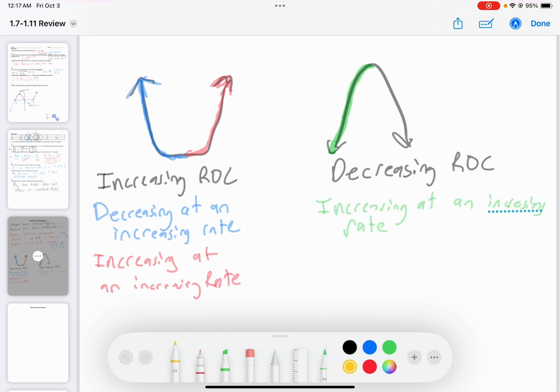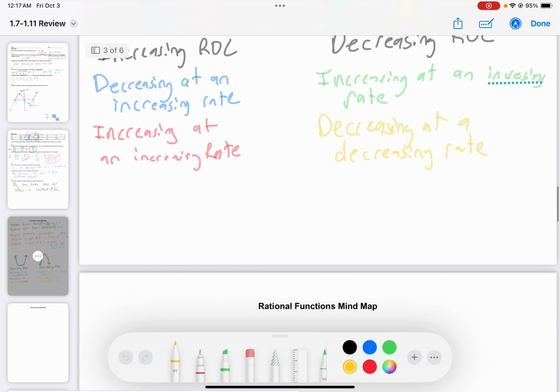I'll use yellow. But here, the function is going down, right? And it's at a decreasing rate. So we can say we're decreasing at a decreasing rate. All right, so that's the big stuff for polynomial functions.